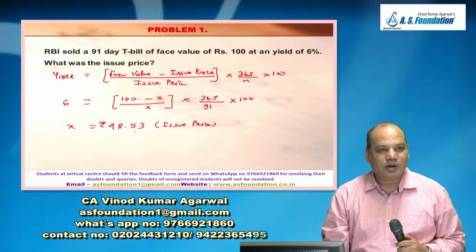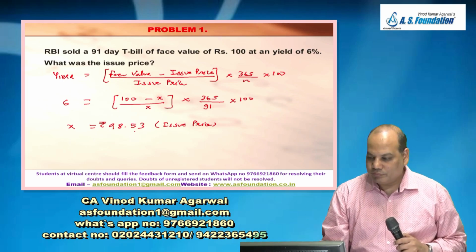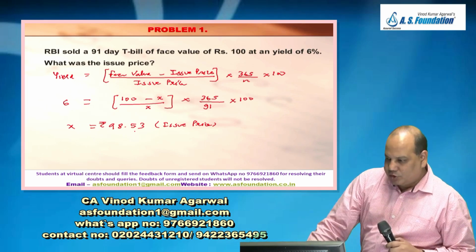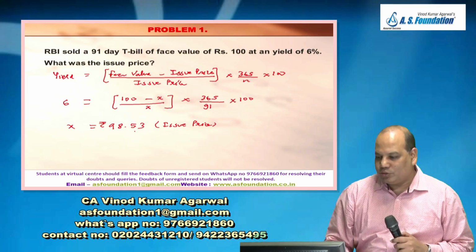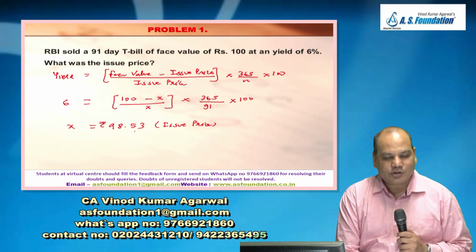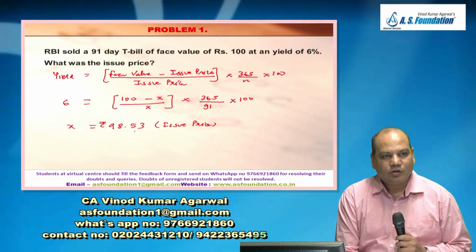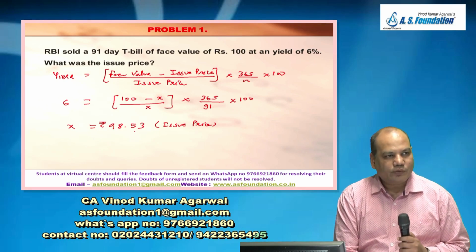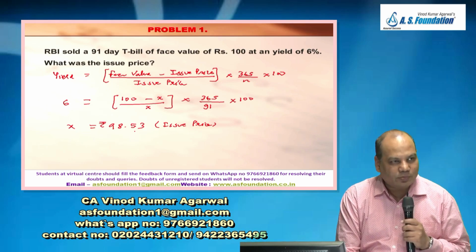Take on your calculator 98.53 into 6% into 91 by 365. How much interest are you getting? 1.47. So 98.53 plus 1.47 becomes 100 rupees on maturity.